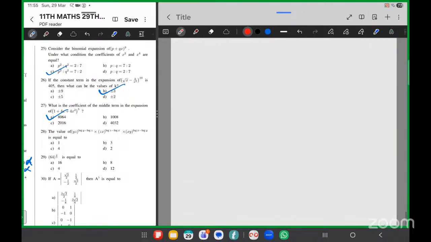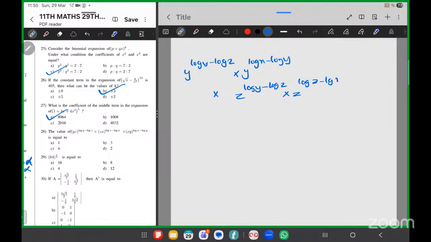Do it like this. 28 is there, right? y raised to log y minus log z into y raised to log x minus log y into z raised to log y minus log z into z raised to log z minus log x into x raised to log z minus log x into x raised to log x minus log y.